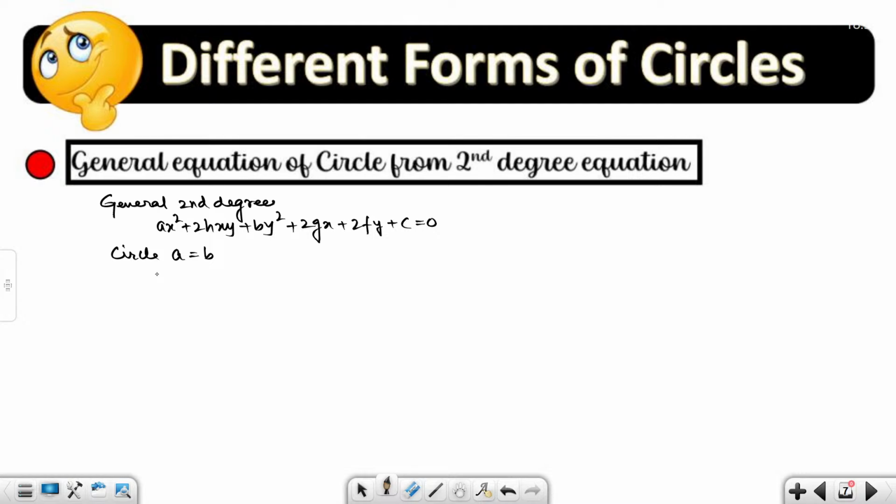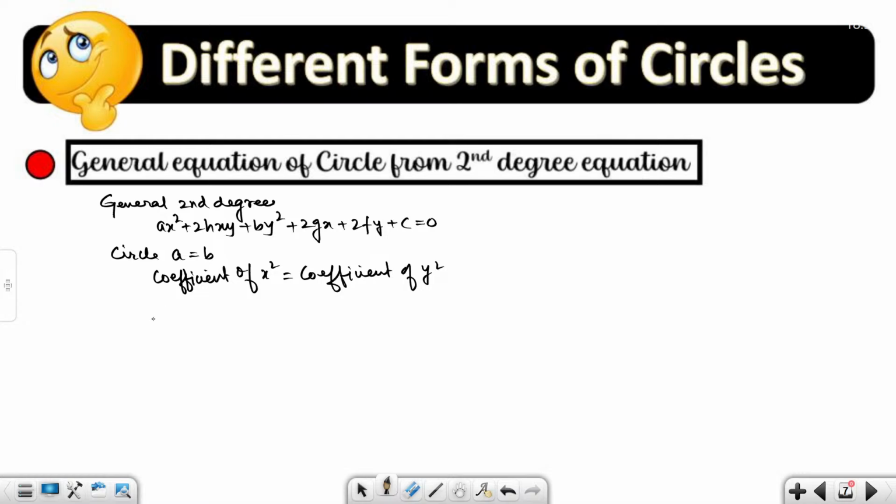What is A? The coefficient of x squared must be equal to the coefficient of y squared. This is the first condition.